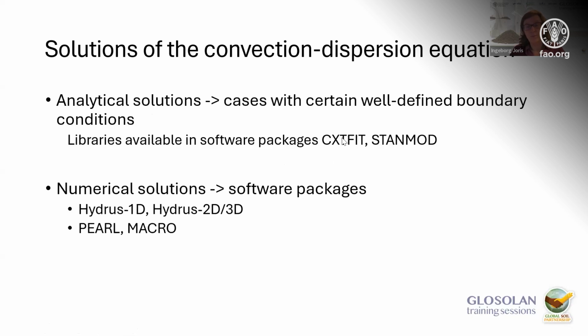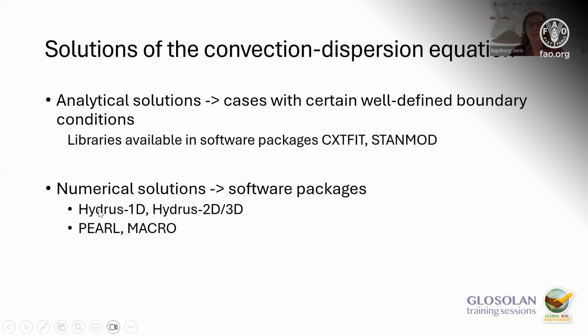And here I've given some examples. In most cases, the convection dispersion equation is solved numerically. And then you have the software packages, so the models. If you have a model that simulates solute transport in soil, it's a numerical model that uses mathematical techniques to approach or to converge to the right solution.